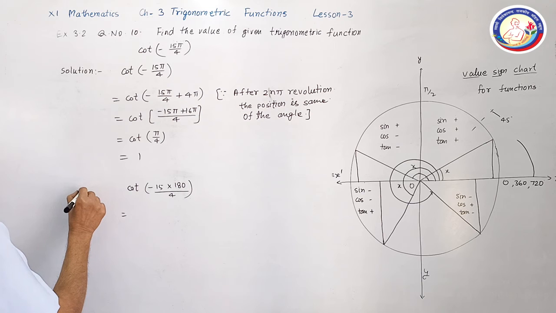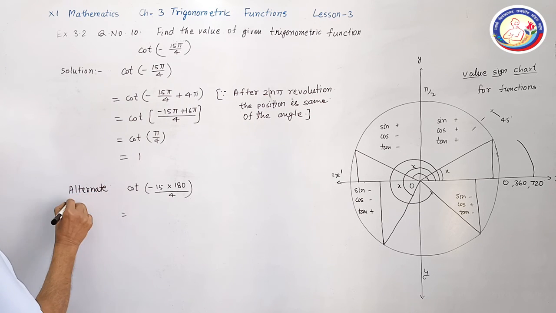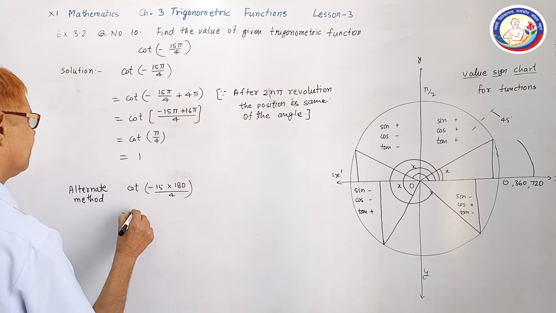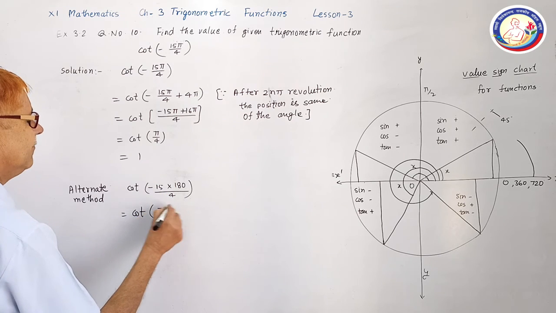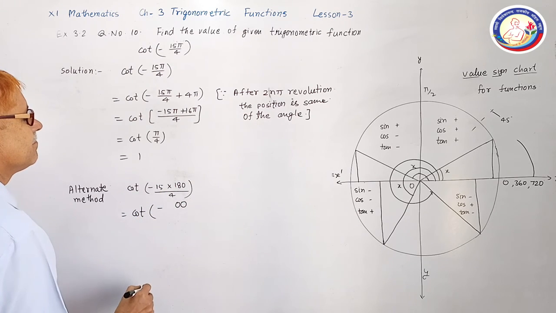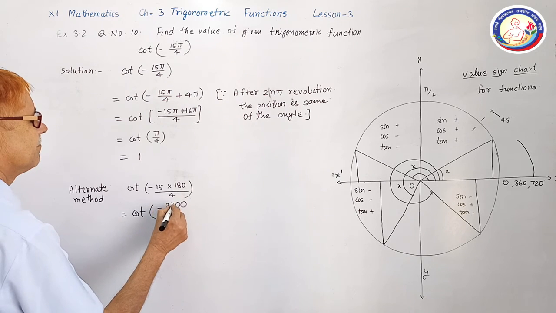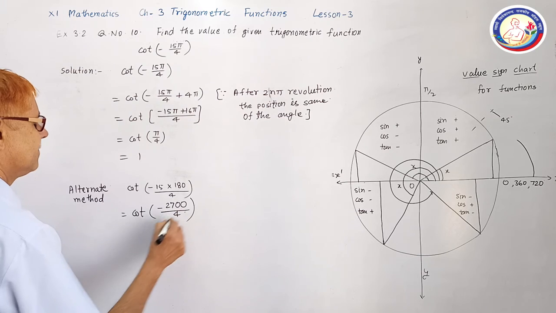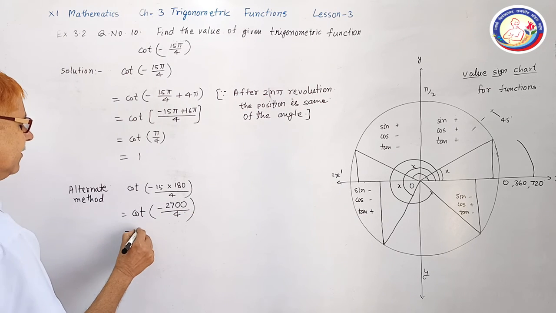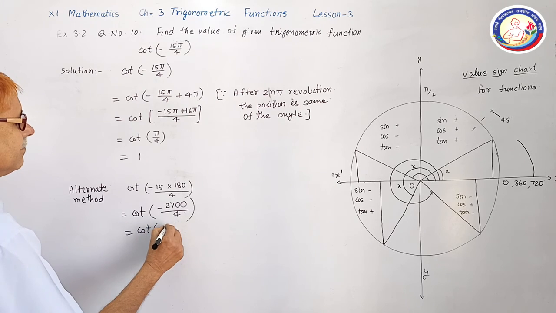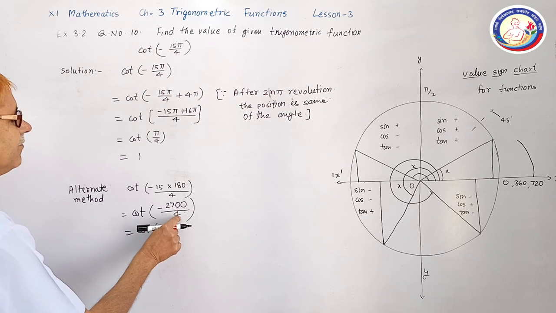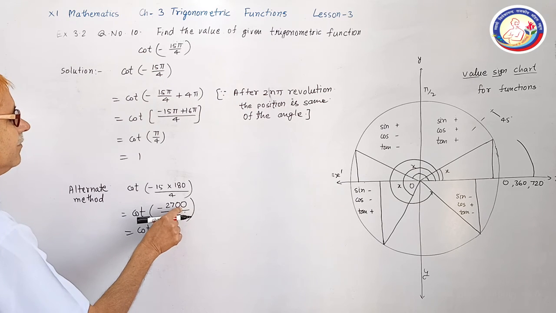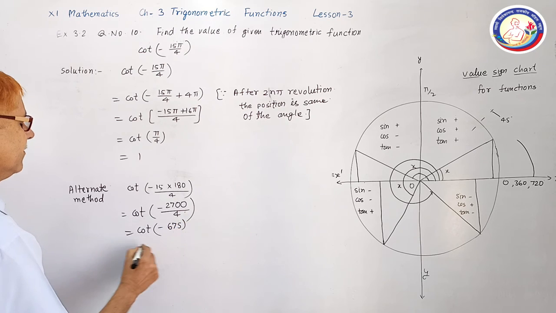It will be cot of, simplify this, if we divide it, 27 by 4, we will have 7 4s are 28, remainder 2, and then 675.